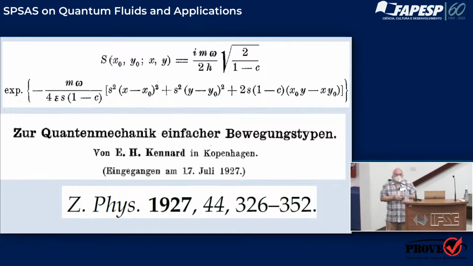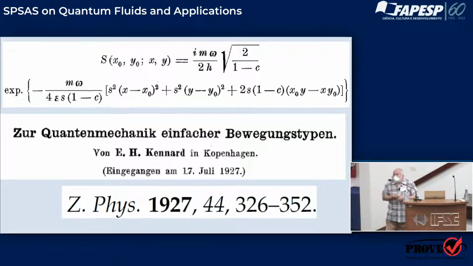But sometimes life is very funny. Now we can see, he calculated the propagator, and now the immediate step, change t by minus i Planck constant beta. Why did he not do this?